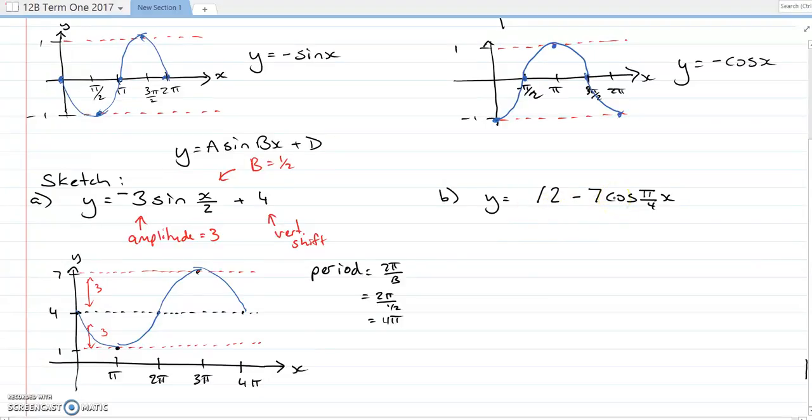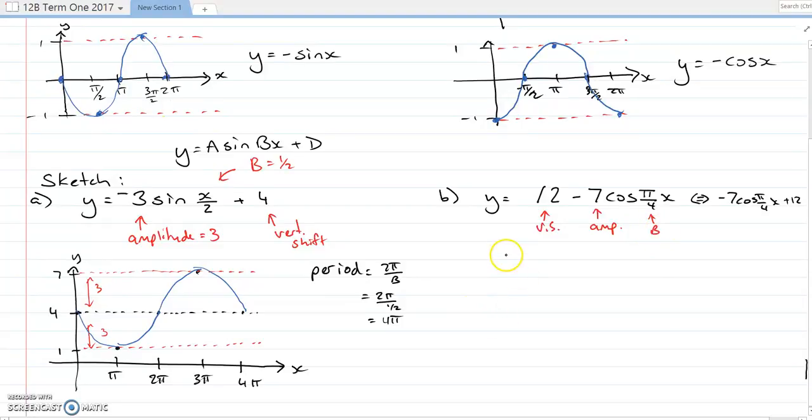We've swapped this around. This is exactly the same as if we had negative 7 cos pi over 4 x plus 12. Alright, so this is our vertical shift. This is our amplitude. This is our b, which helps determine our period.